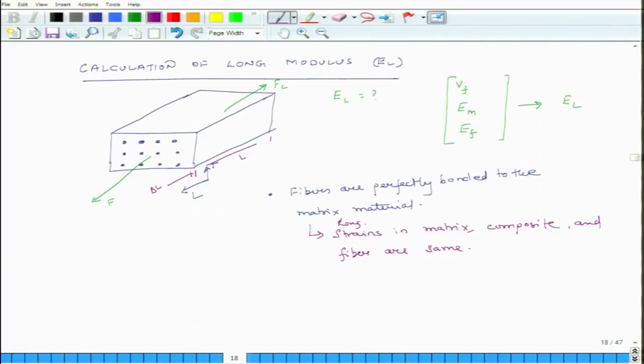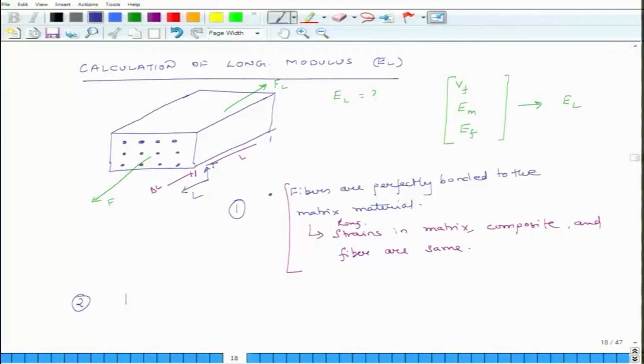This is based on how I make the composite. If I make it nicely and everything is well bonded, then this is what it means. So this is the first observation. The second observation is that F is the total force I apply. Now some of this force is being taken by fibers and some by the matrix. What is the relation between the force taken by fibers, matrix and the total force?